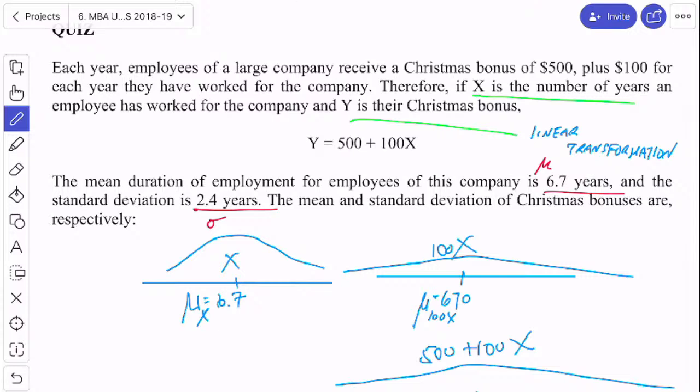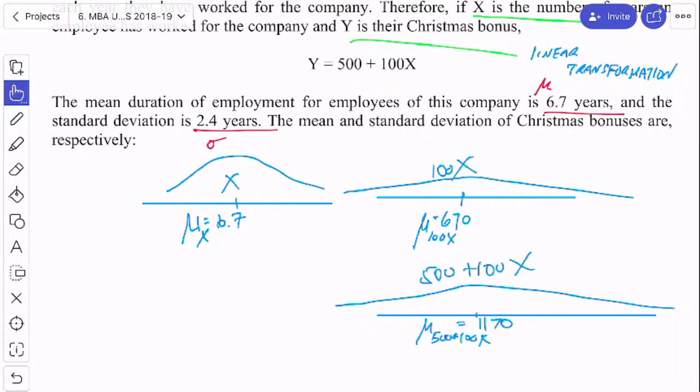Whatever I do to every value, I also do to the mean. So I have to add 500 to it. So it's going to be 1170. So that's the new mean. Okay, all I've done is common sense here.